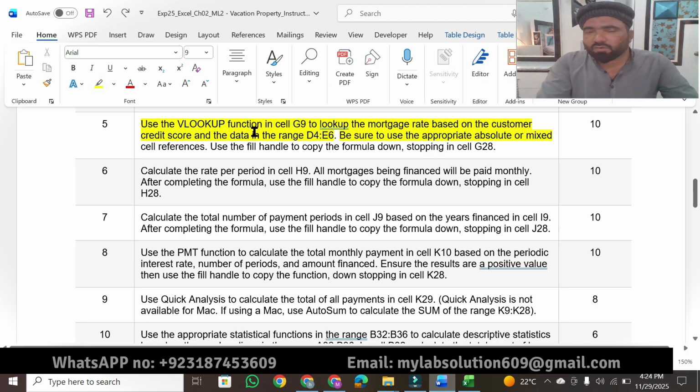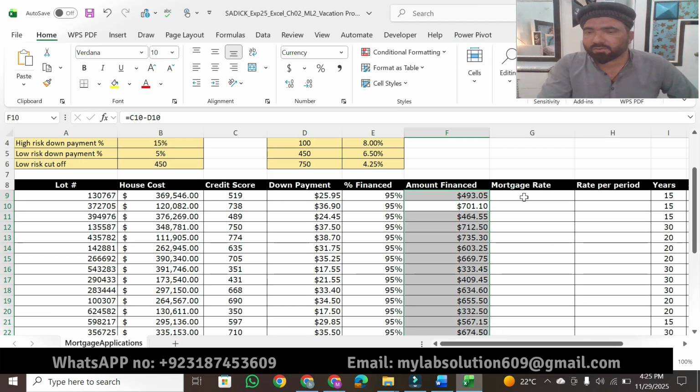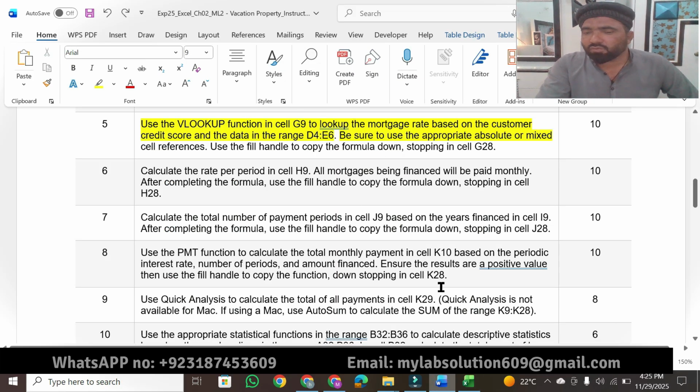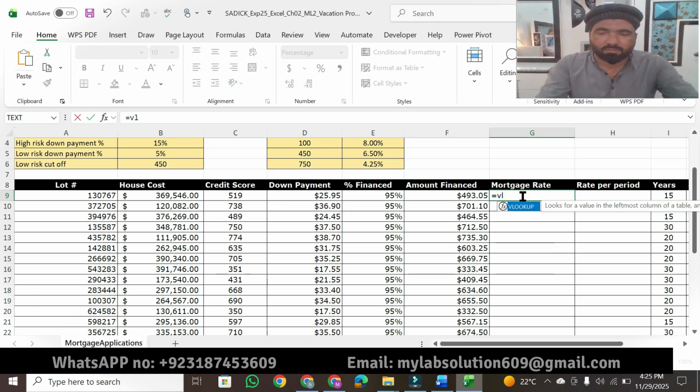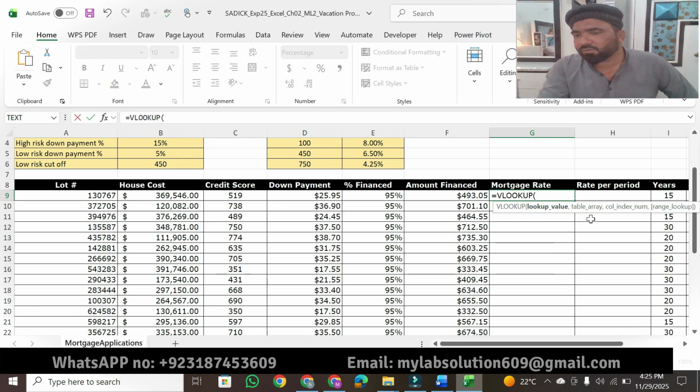After reading the instructions, we get the idea that we have to use the VLOOKUP function in cell G9. So first we have to move to cell G9 here. We have to find the mortgage rate, so we use a VLOOKUP formula there. Equal, then VLOOKUP. Now what we have to pass to VLOOKUP: the lookup value, then the table array, then the column index.